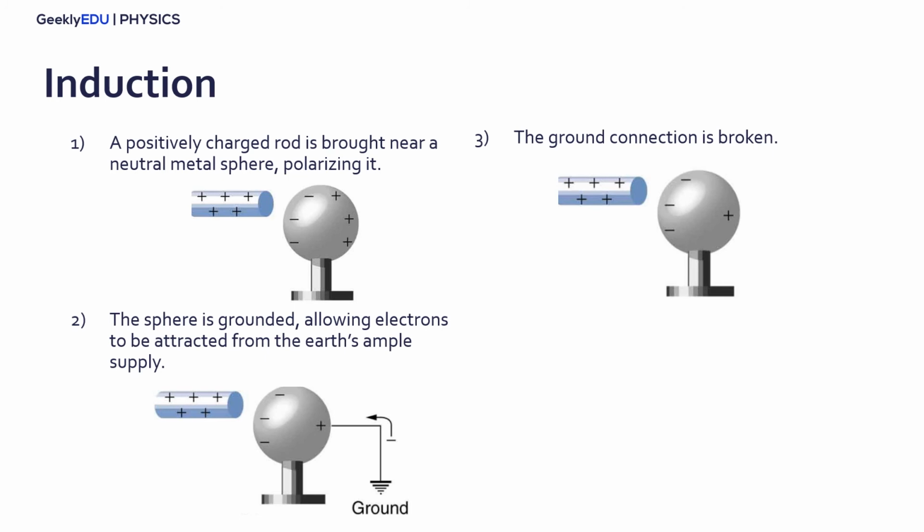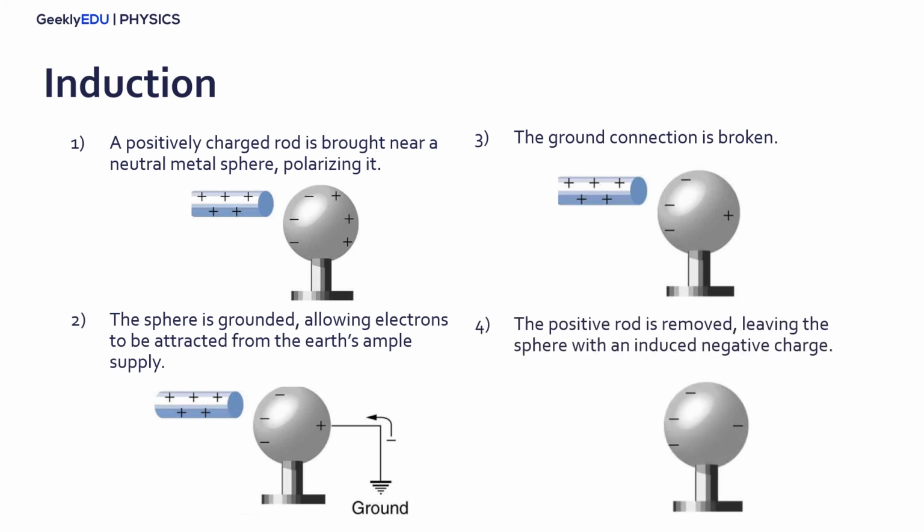The sphere has attracted all these electrons, the negative charges, to itself, but now we don't have the supply anymore. And then, if we remove this positive rod, we leave the sphere with an induced negative charge.